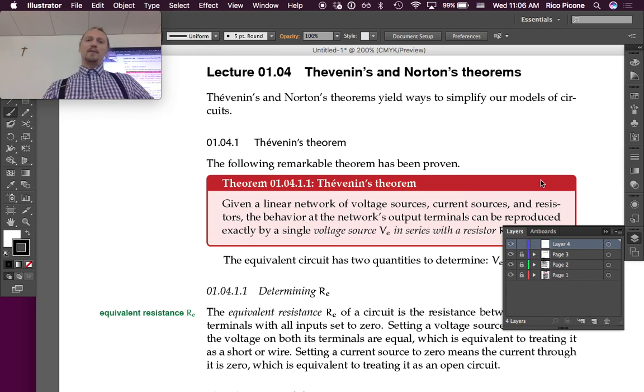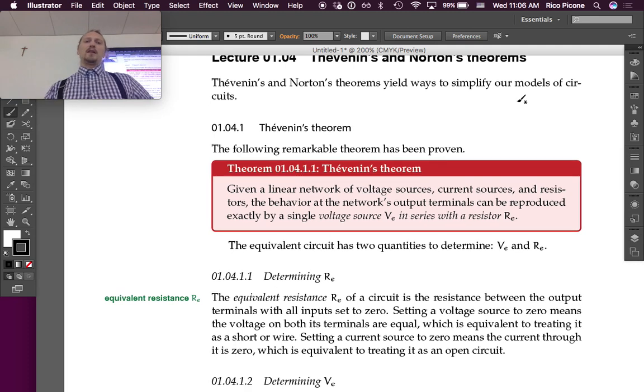So the idea is that we can take a complex circuit and come up with a simple representation for it. Thevenin's theorem, it's pretty remarkable actually, states that given a linear network of voltage sources, current sources, and resistors, the behavior at the network's output terminals can be reproduced exactly by a single voltage source VE in series with a resistor RE.